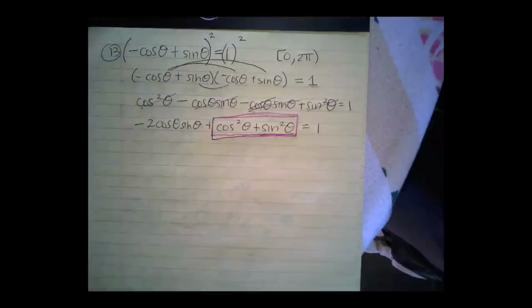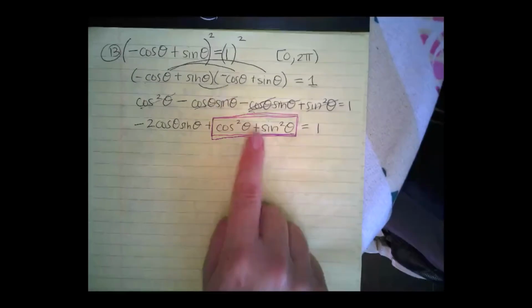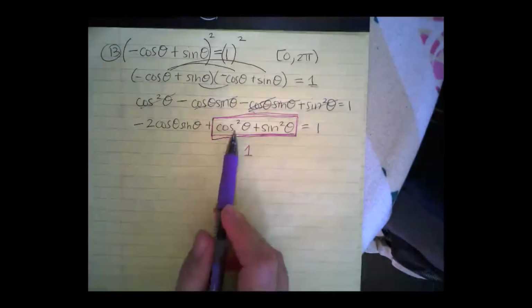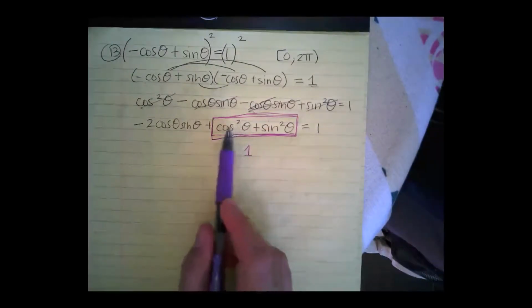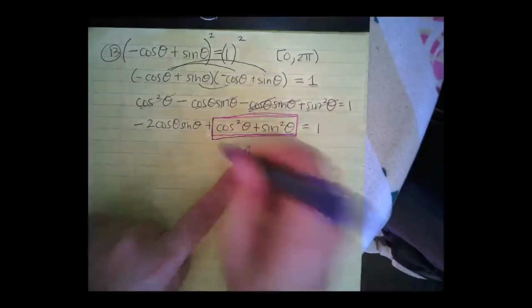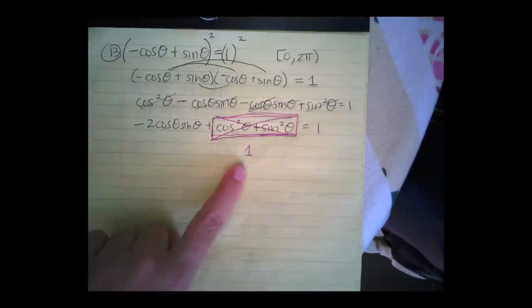What does the Pythagorean identity say cosine squared plus sine squared is equal to? 1. So we're swapping out the same way we did on 11 and 12, but in a different way. Cosine squared plus sine squared equals 1, so this whole big purple box becomes 1.